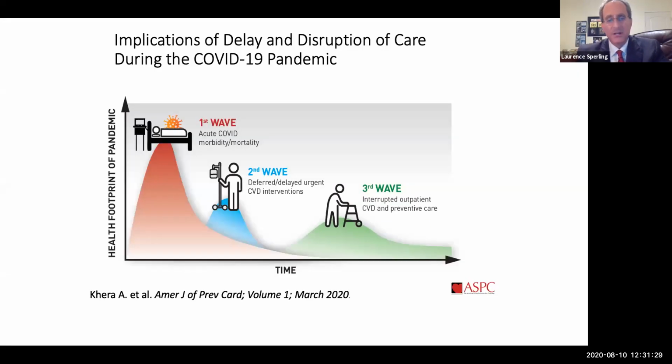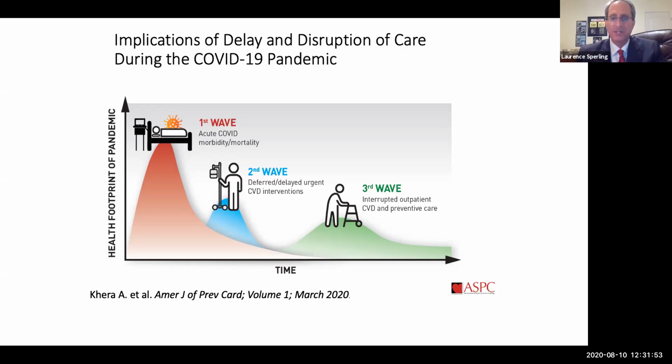There we go. Well, this was a paper published in the American Journal of Preventive Cardiology. I'm a past president of this organization. Amit Khera was the first author. And in this really well done paper, they talk about the waves. And I really look at it as intersecting problems that are occurring in the midst of the pandemic.